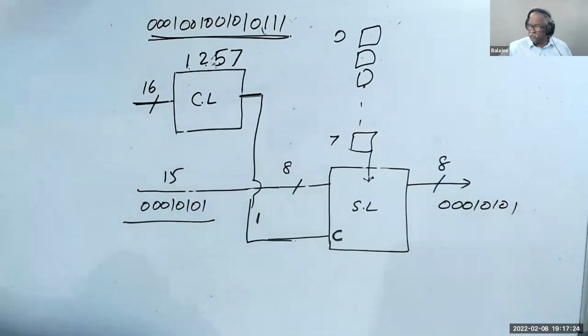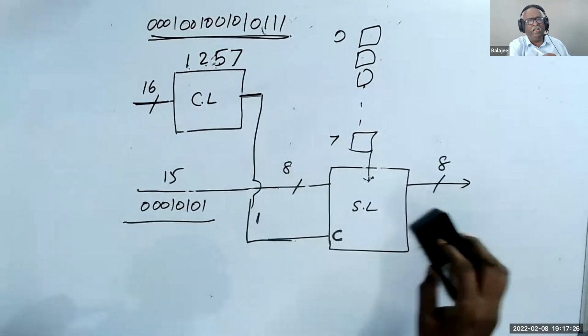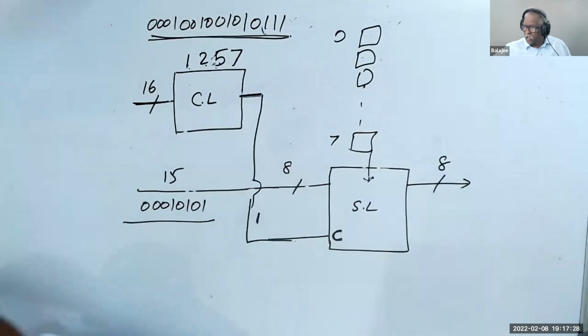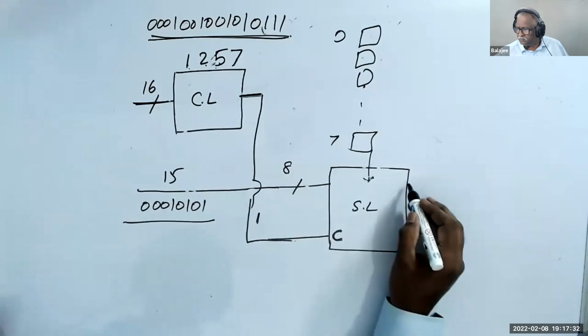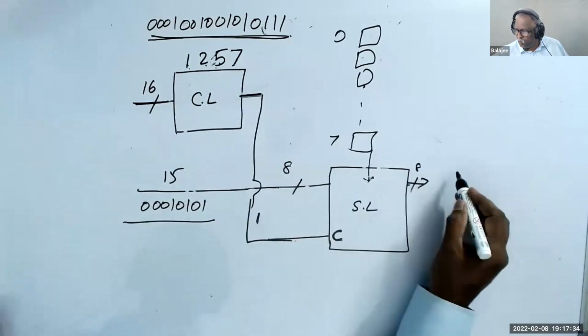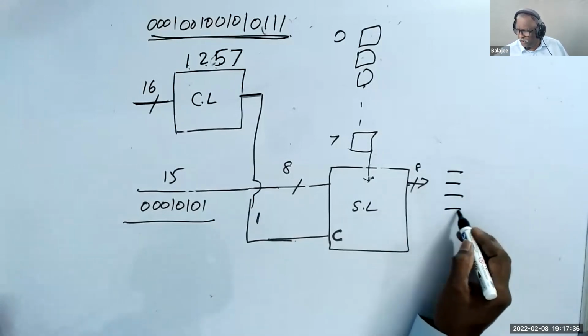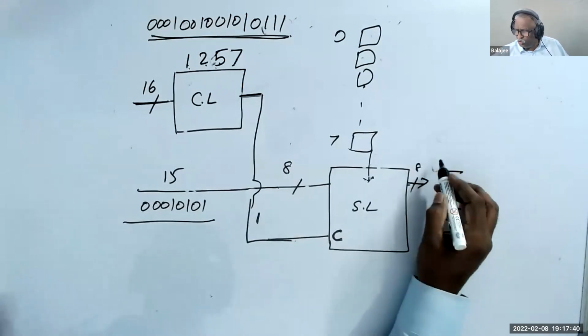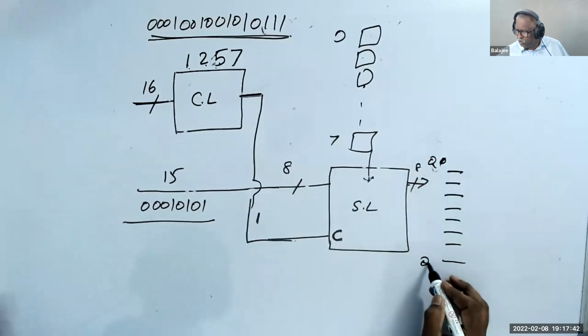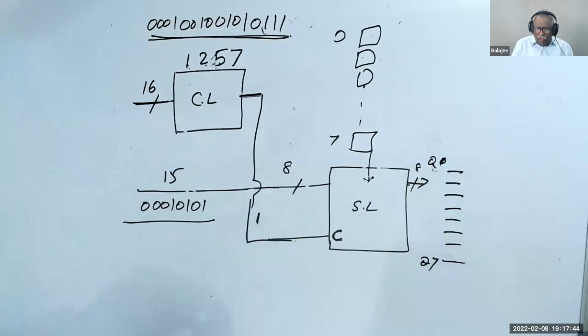Now don't get confused. See here, I've drawn 8, but let me expand it for you: 1, 2, 3, 4, 5, 6, 7, 8, Q0 to Q7. We write 15 here.